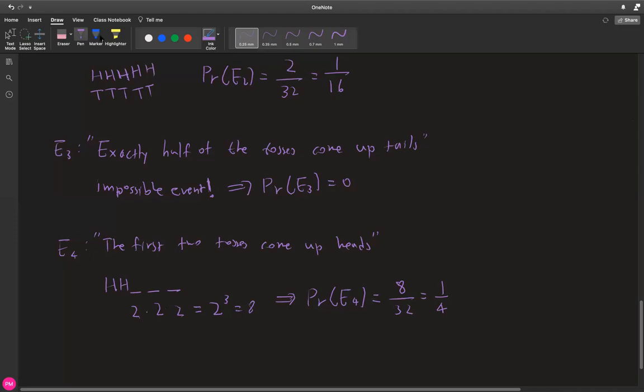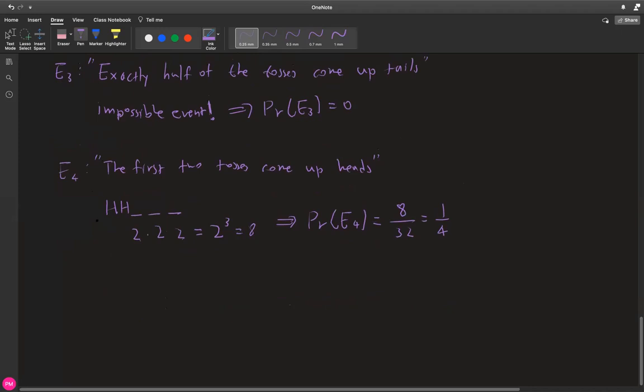So now let's look at the next example. This is likely going to be the last example.